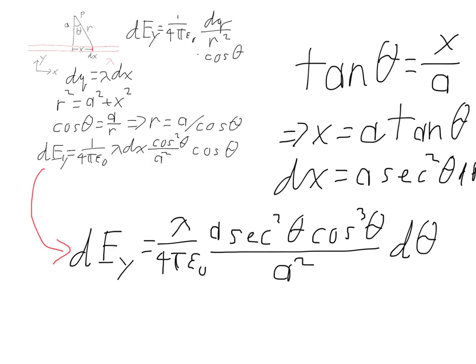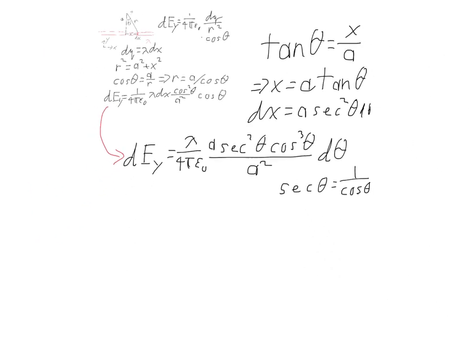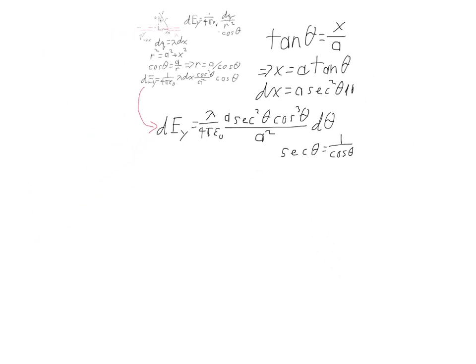All right. Now you might think that looks absolutely freakishly awful to integrate. But remember that secant of theta is equal to just 1 over cosine of theta. Well, you see that just simplifies wonderfully. So let's move this out of the way and do some of our final steps. We'll take integrals of both sides, because we love doing our integrals.